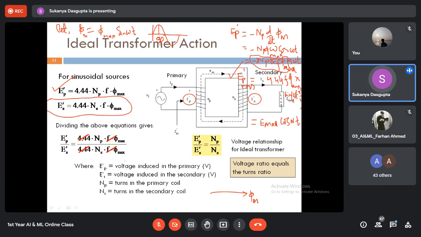Can you tell me the direction of the primary voltage EMF? How should it be placed in the phasor diagram if phi m is the reference? Flux is a sinusoidal signal and EMF is a cosine signal.